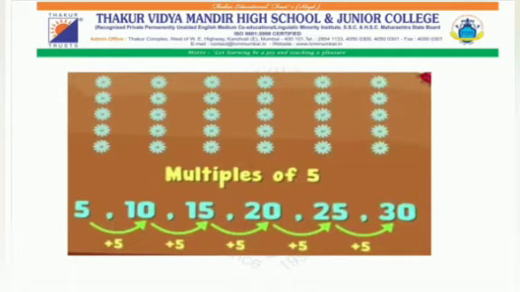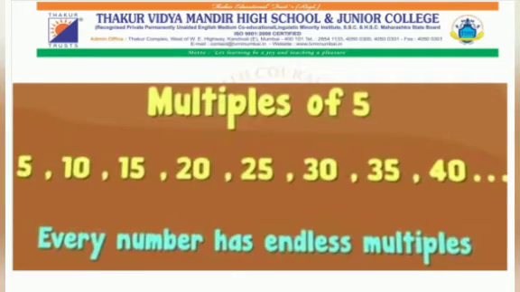Yes students, we can get as many multiples as we want. Just we need to keep on adding. Multiples of 5 are 5, 10, 15, 20, 25, 30, 35, 40.